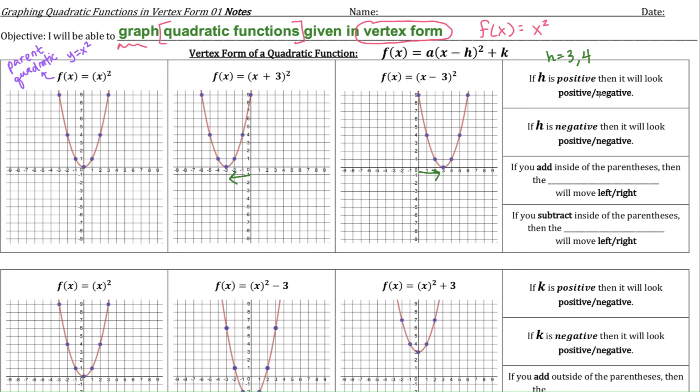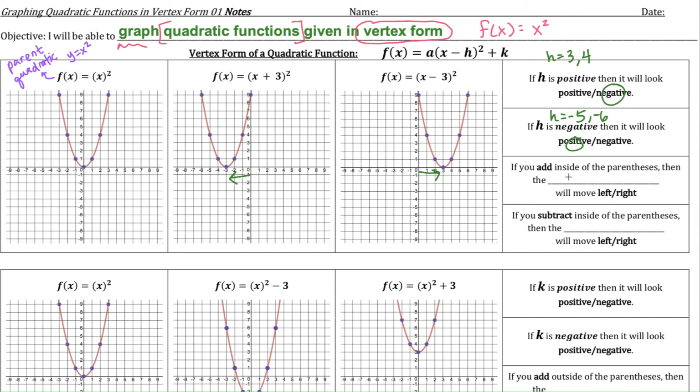So if h is positive, it's going to look negative because we're subtracting it. Now if h is negative, like negative 5, it'll say x minus negative 5. If h is negative 6, it'll say x minus negative 6. But when you take away a negative, it'll actually say plus. So it's going to look positive.